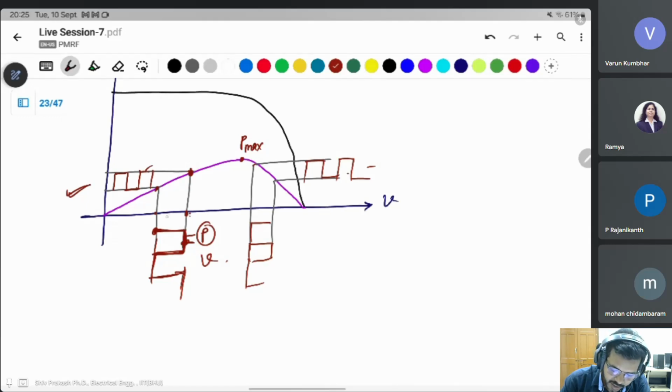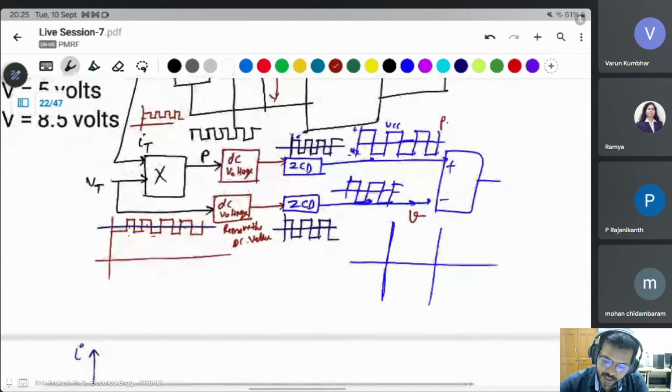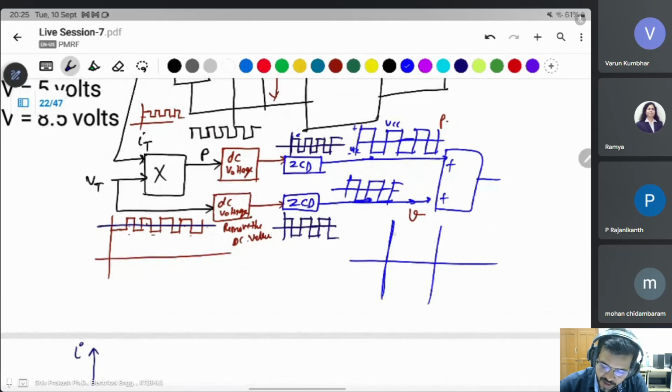Voltage is increasing and power is also increasing, both are in the same phase. If both are in the same phase and you add this one, not subtract, then what happens? Both signals add up and give a larger signal.